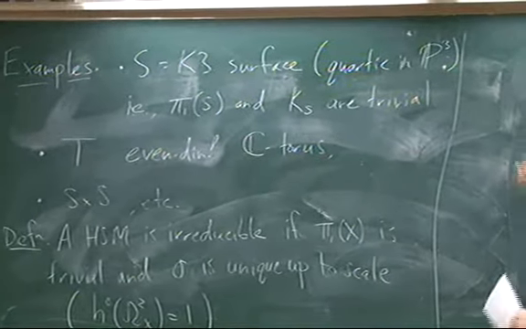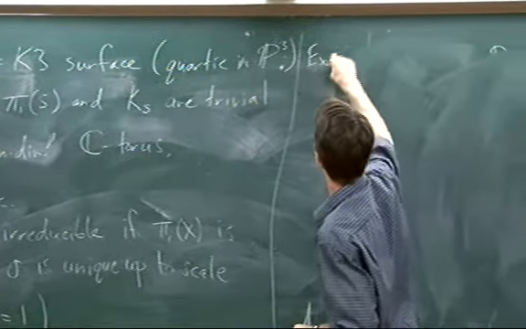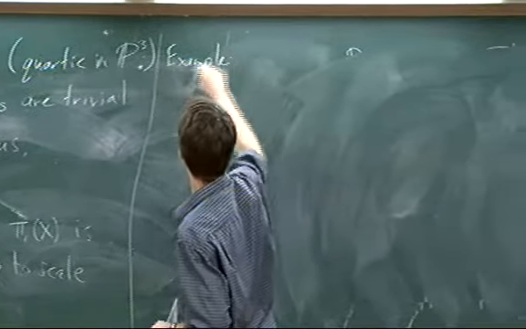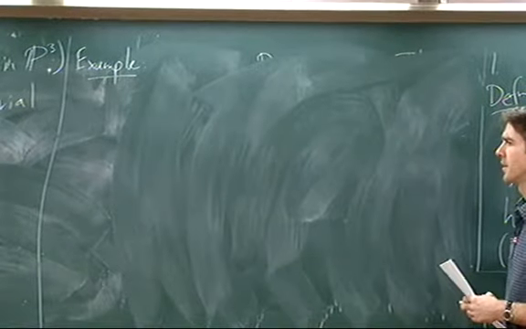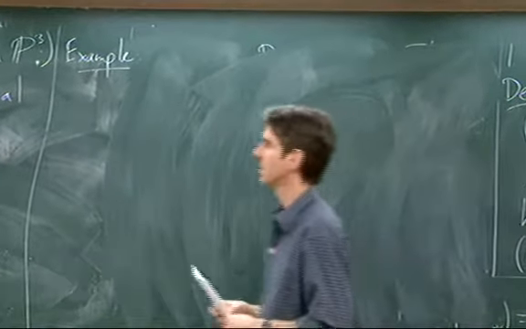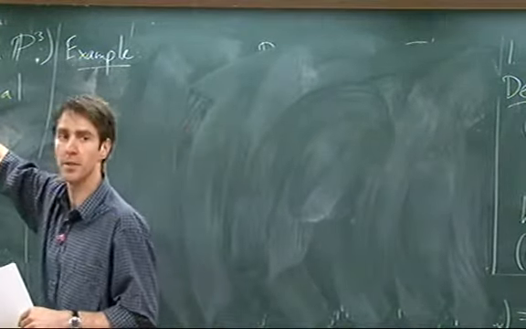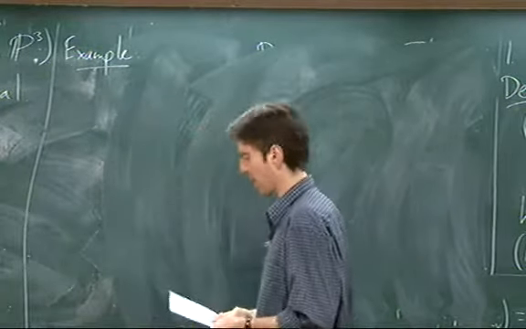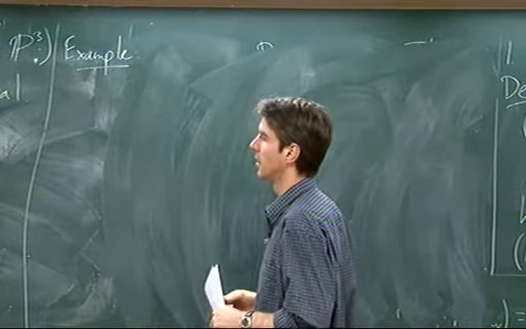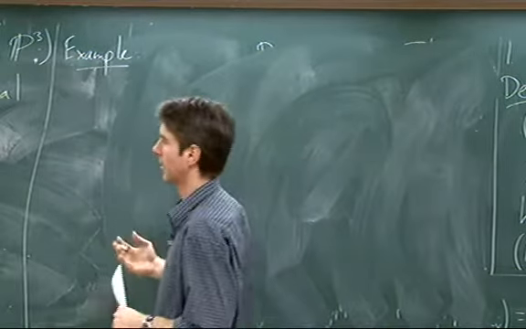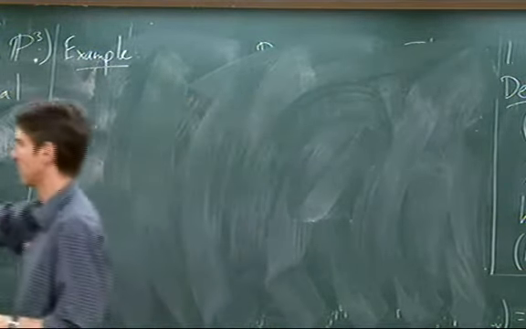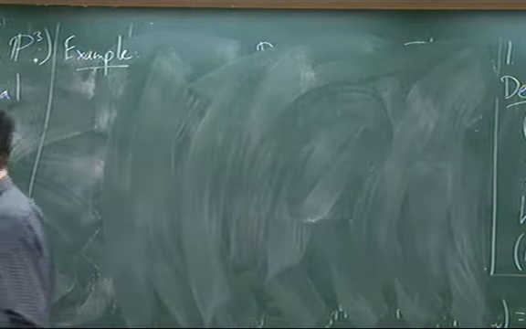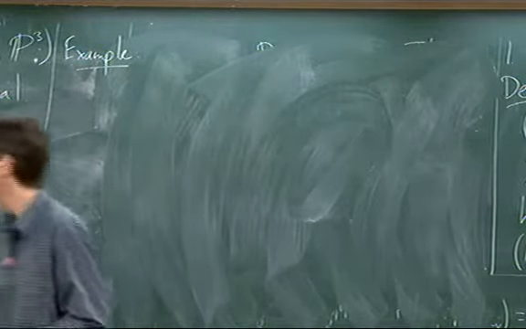It's more difficult to find higher dimensional examples of these. In 2 dimensions, you just have K3 surfaces. And you can try to build them in higher dimensions by taking products, but the product wouldn't be irreducible because it wouldn't satisfy this condition.